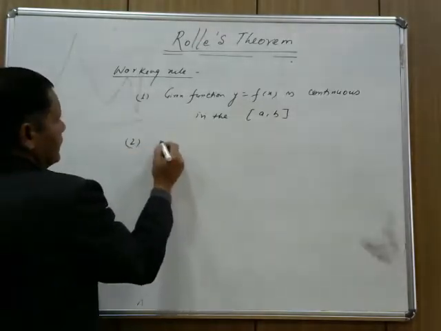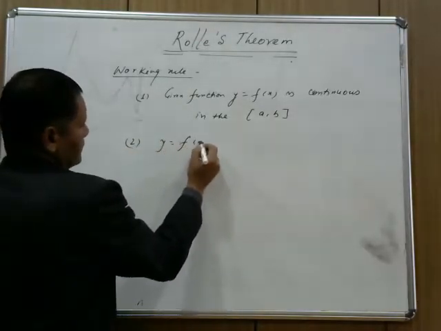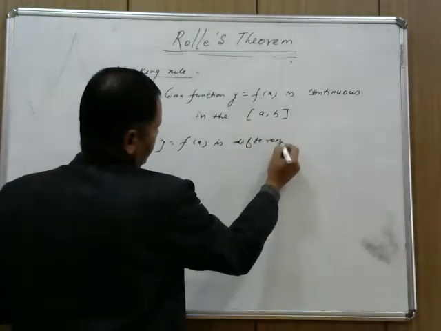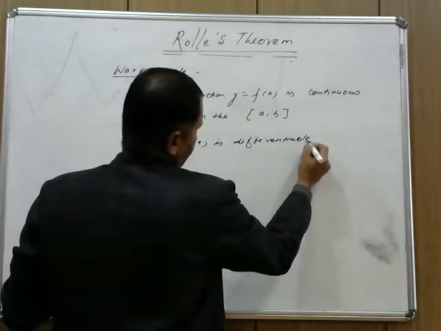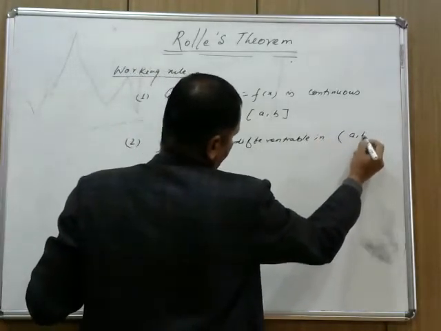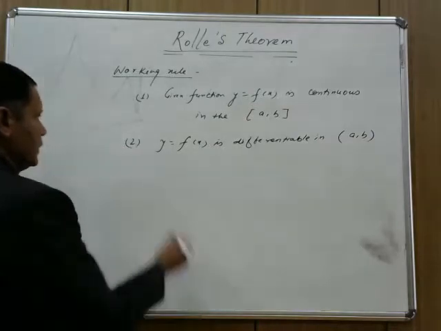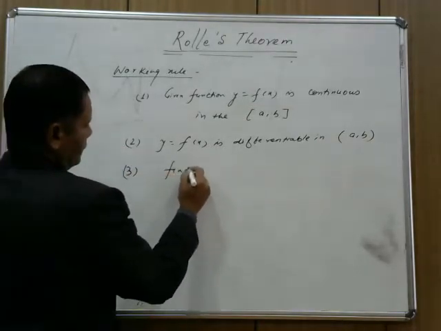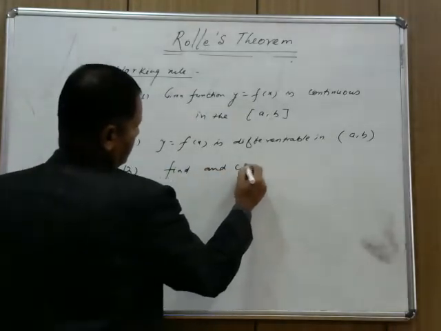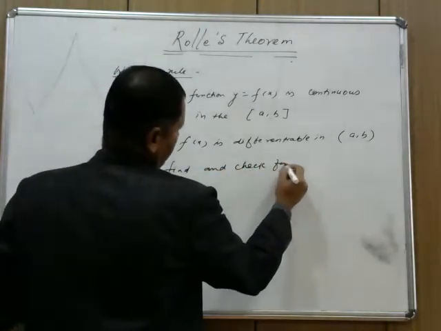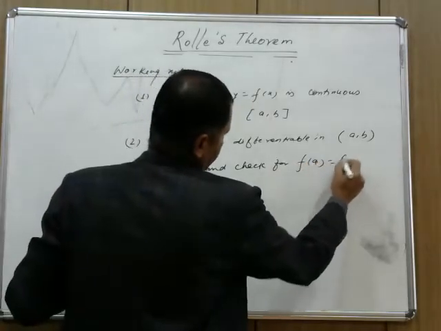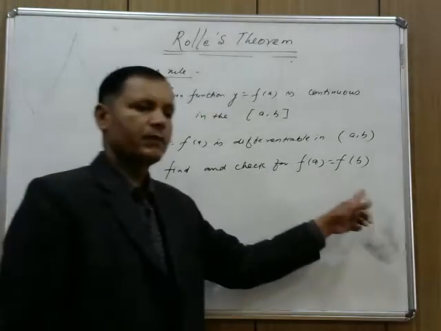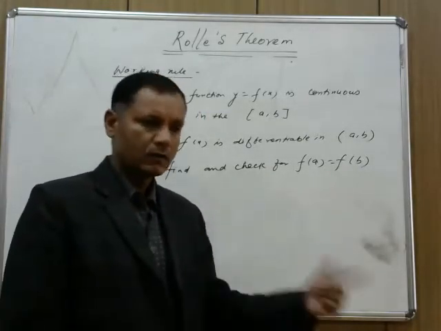Second point, y is equal to f of x is differentiable in the open interval ab. Third point, find and check for f of a is equal to f of b. Find the value of f of a, f of b, and check whether both of them are equal or not.